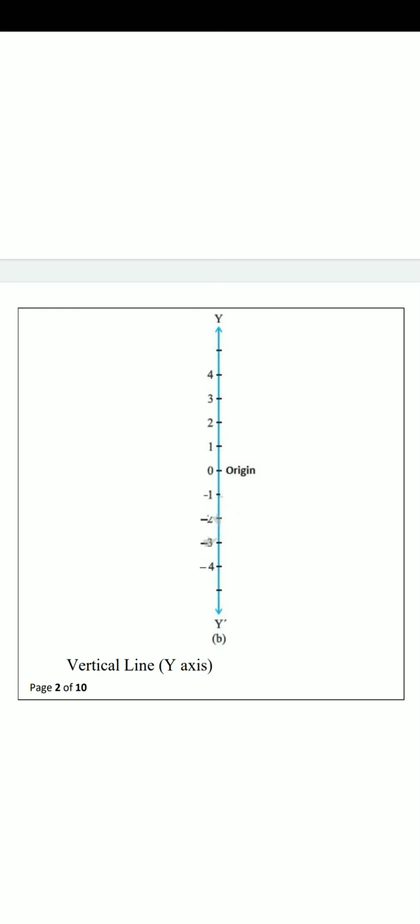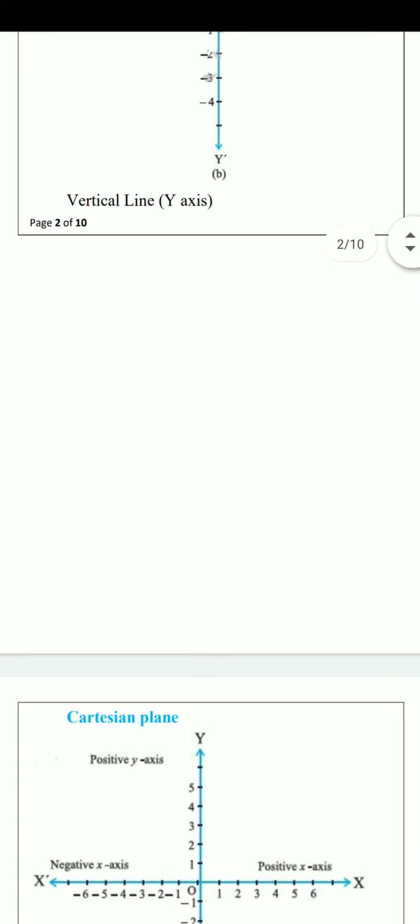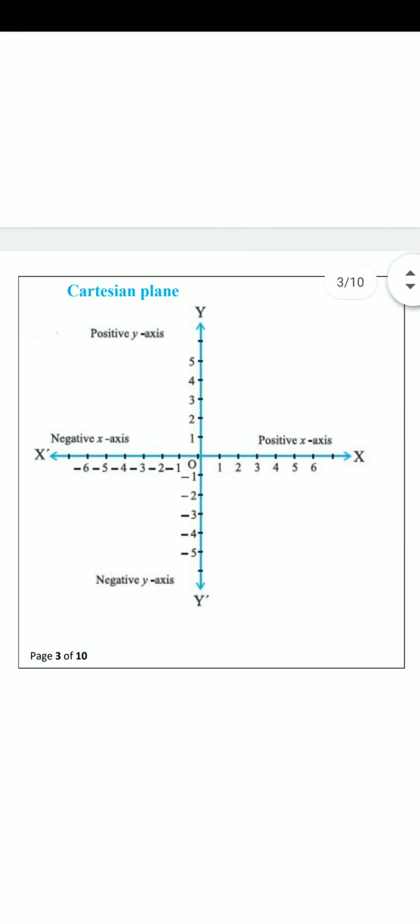In the vertical line also we have the origin 0, and above the 0 are the positive numbers and below the 0 negative numbers. So if we draw both the lines together, your plane will look like this, and this is called the Cartesian plane. Horizontal line x-axis and vertical line y-axis.